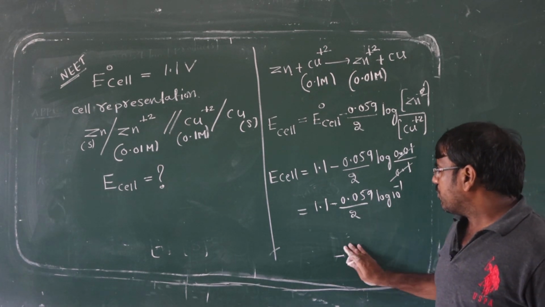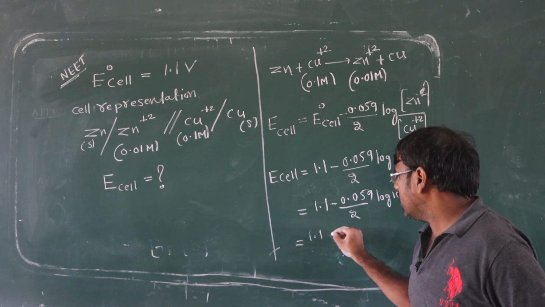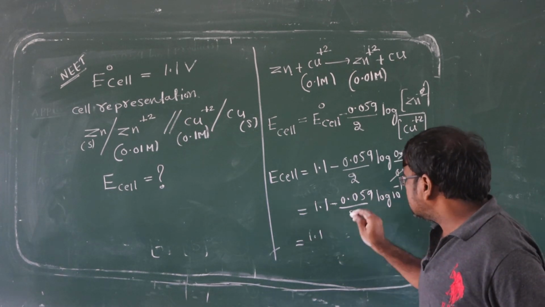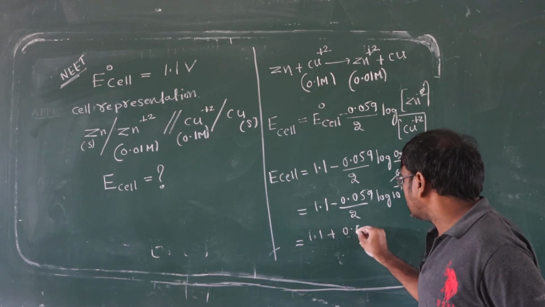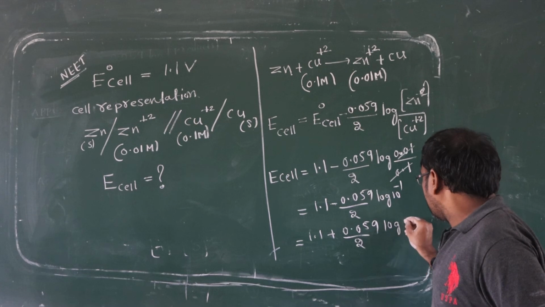Log 10 power minus 1 means how much will we get? 1.1, and minus into minus is plus, 0.059 by 2 log 10.